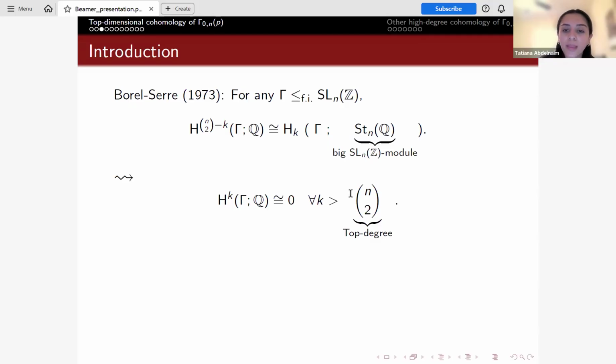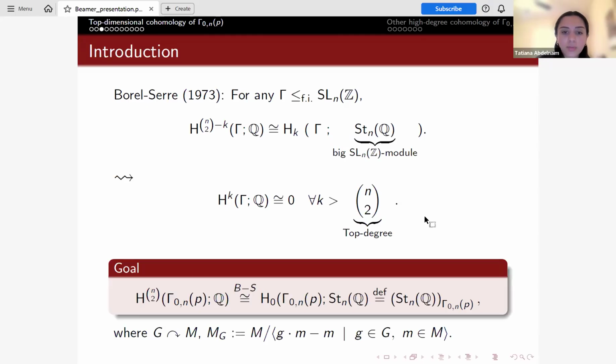So this n choose 2 is the highest degree in which we might possibly have non-zero classes, and so we refer to it as the top degree. Now the goal was to compute the cohomology in degree n choose 2, and with this Borel and Serre isomorphism, we have homology in degree 0 of Gamma with these twisted coefficients. And by definition, this is the coinvariants.